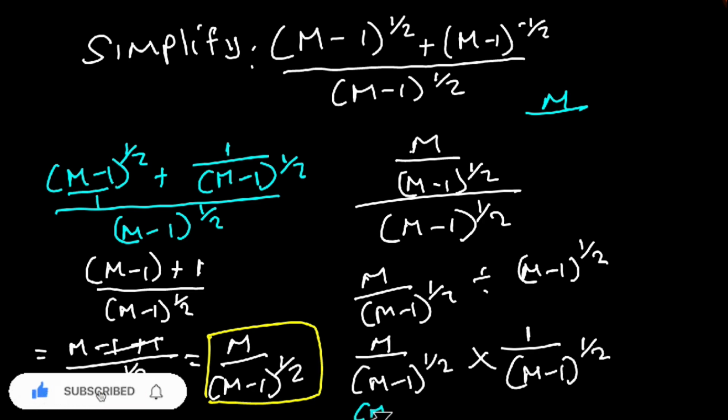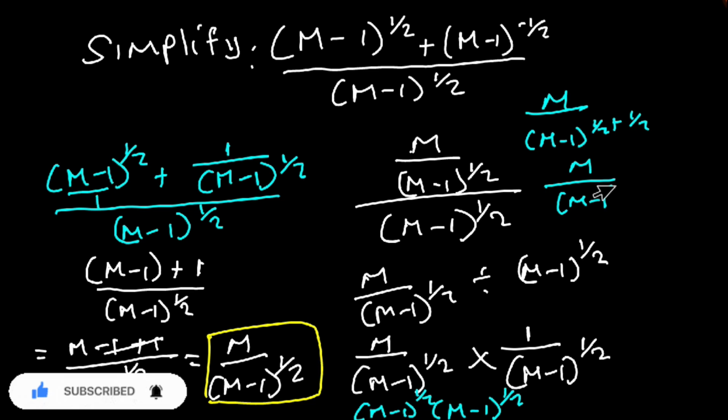Since these bases are the same, we pick one of them, m minus 1, and then add the exponents, which is half plus half. So this becomes m over m minus 1, since half plus half is 1. So (m minus 1) raised to the power 1 is just m minus 1. So this m over m minus 1 is the final answer to this whole question.